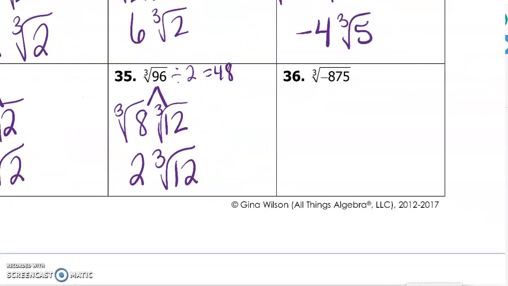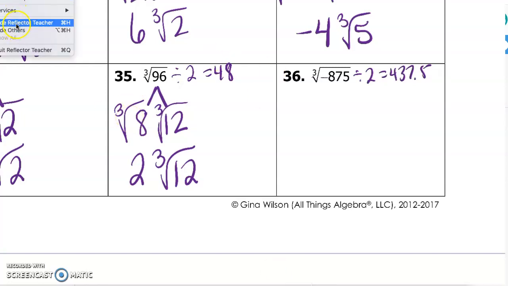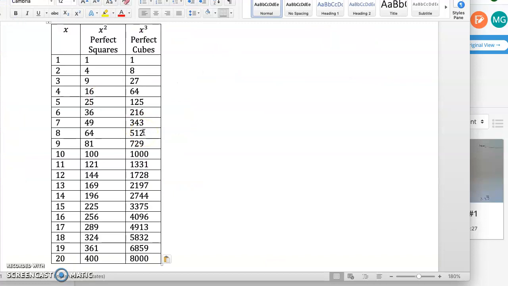Negative 875, again, if you want to do the trick where you divide by 2, we get 437.5. So again, what that does is tell us where to start on our list. 437.5. 343 would be the first one you would check then. So 875 divided by 343 does not give us a whole number. Divide by 216 does not work.